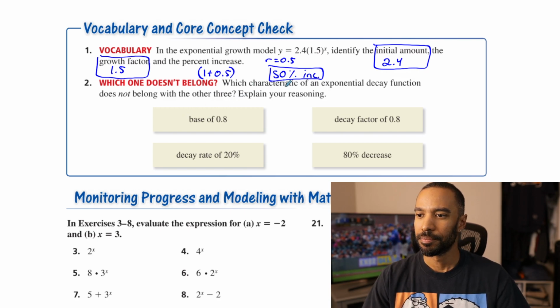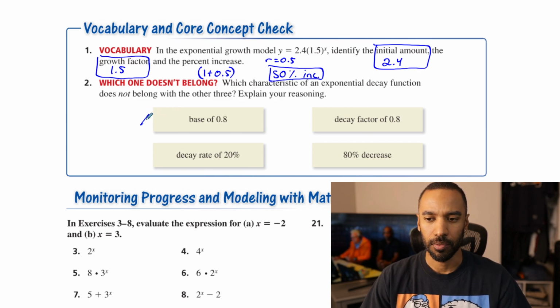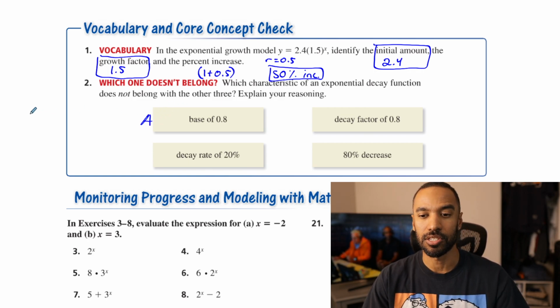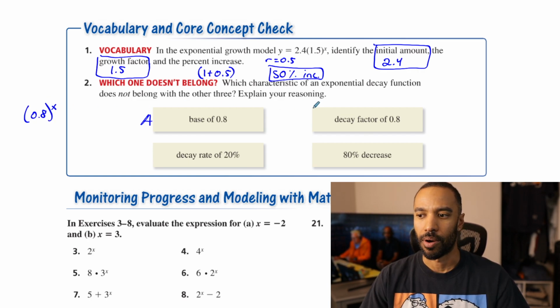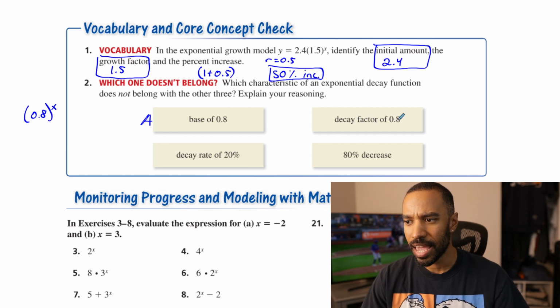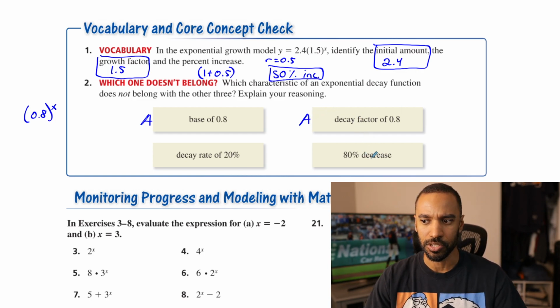Which one doesn't belong? Which characteristic of an exponential decay function does not belong with the other three? Explain your reasoning. Okay, we're going to begin with a base of 0.8. The base is like from 0.8 to the x power, like that. So I don't know what else is coming. Decay factor of 0.8. Yeah, that I'd say that belongs. I want to make sure to not confuse it with decrease, like this right here. 80% decrease is something different.